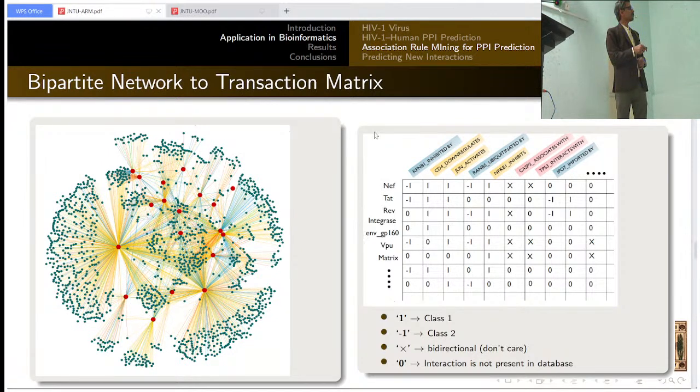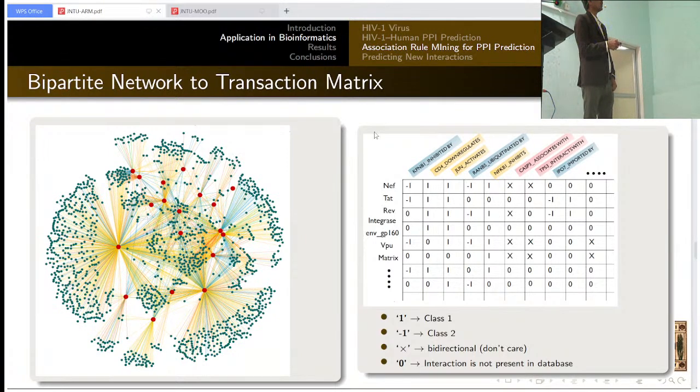And finally the crosses correspond to no interaction, meaning that edge does not exist, at least not experimentally validated, so we don't have information whether these 2 proteins interact. For example, this value 1 means this viral protein interacts with this human protein with this annotation term, and the direction is from viral protein to human protein.